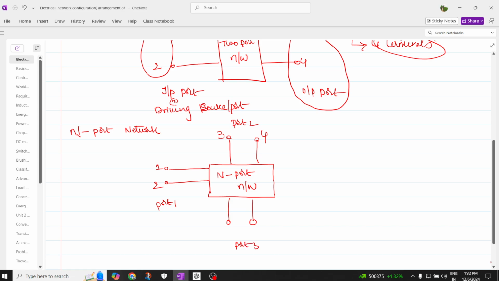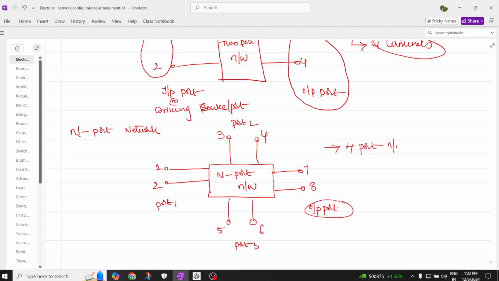So 1, 2, 3, 4, 5, 6. And here I am going to take the output. I am going to call it an output port. This will be 7 and 8. So technically I can call this now a 4 port network consisting of 4 twos, or 8 terminals.